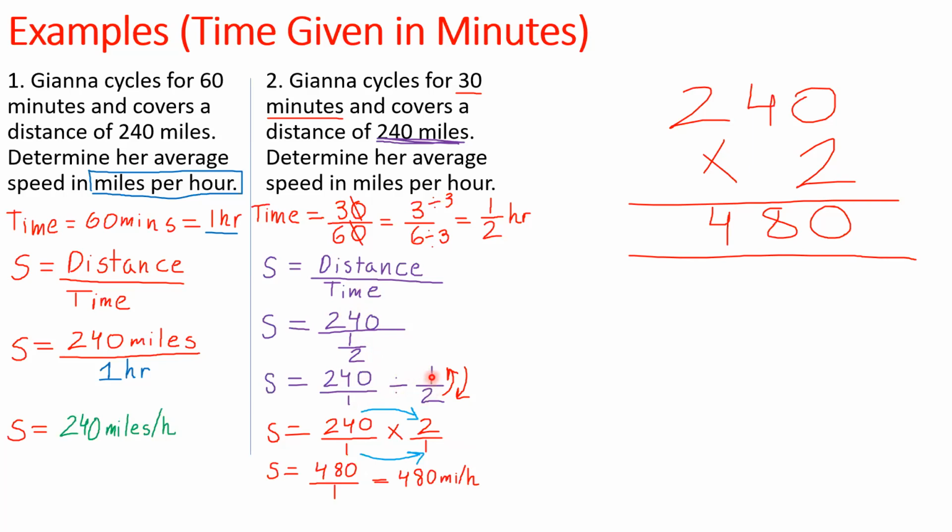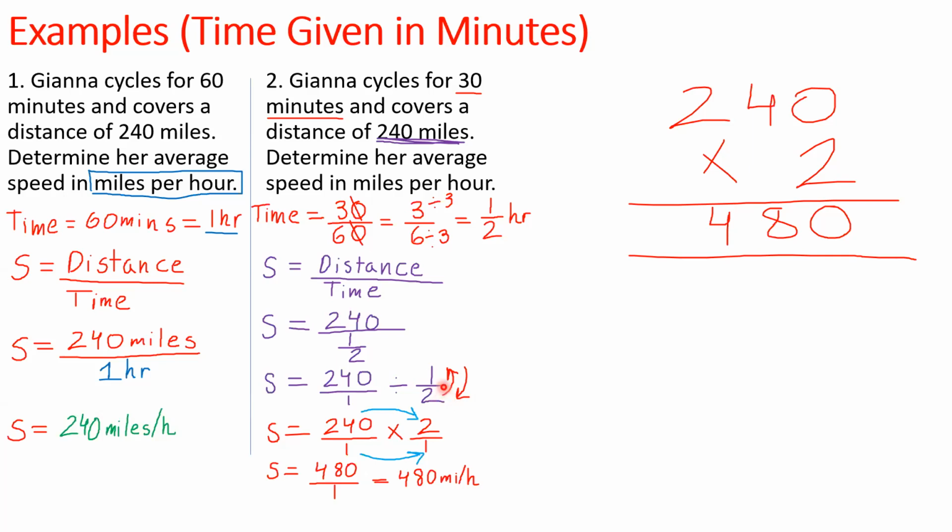Now, what's the next thing that we do? We have to flip the 2 and the 1. Remember, we use the rule KSF. We keep this whole number, 240/1. We switch the division sign to a multiplication sign, and we flip the fraction, so the 2 goes on top and the 1 at the bottom.